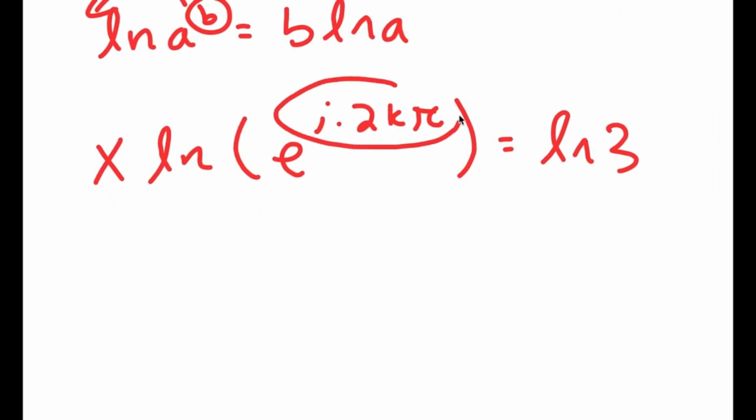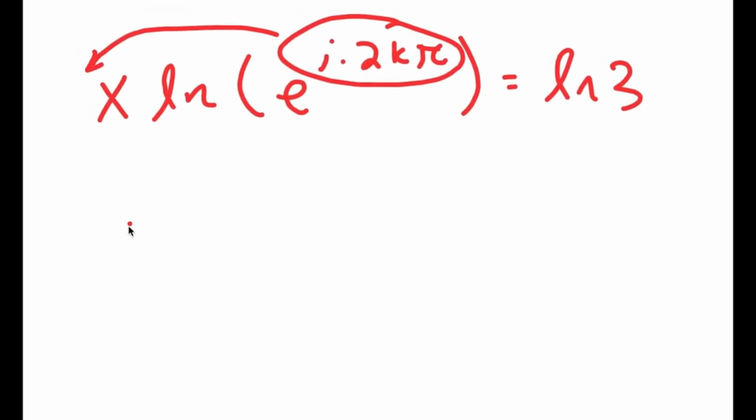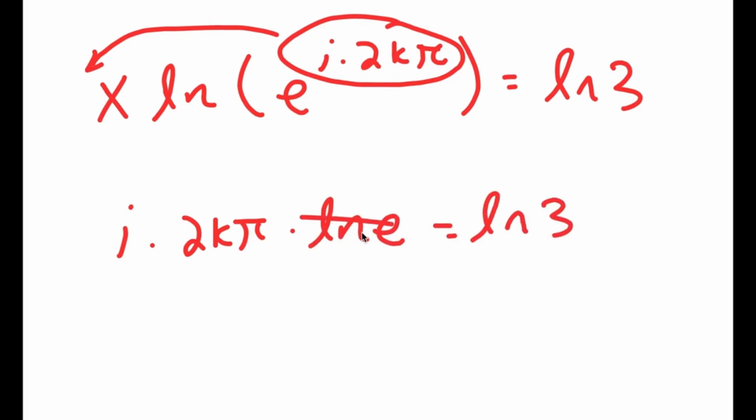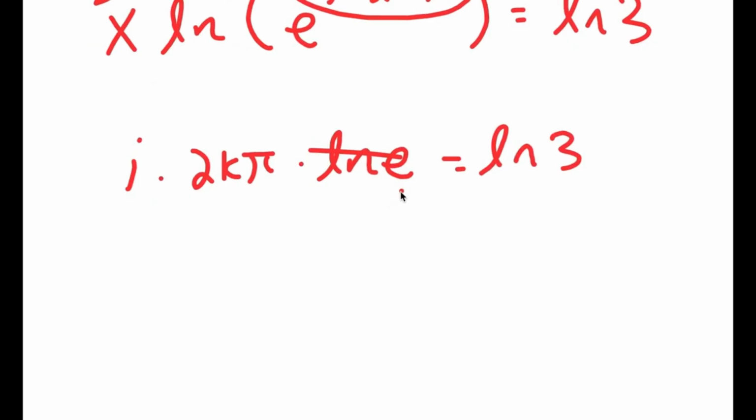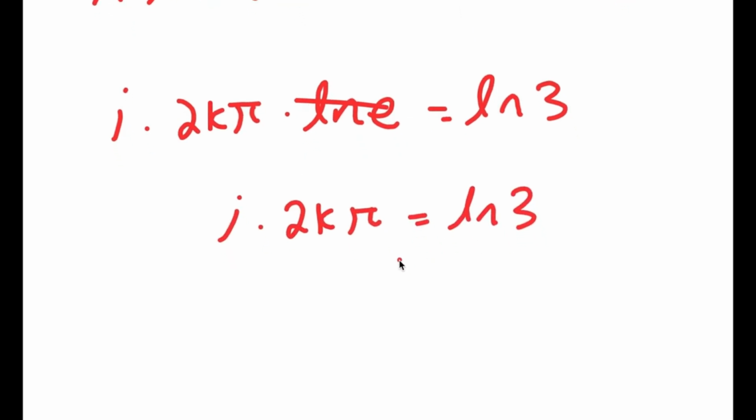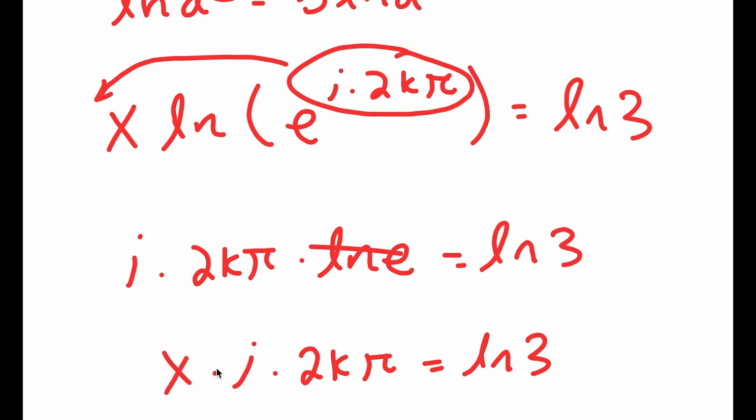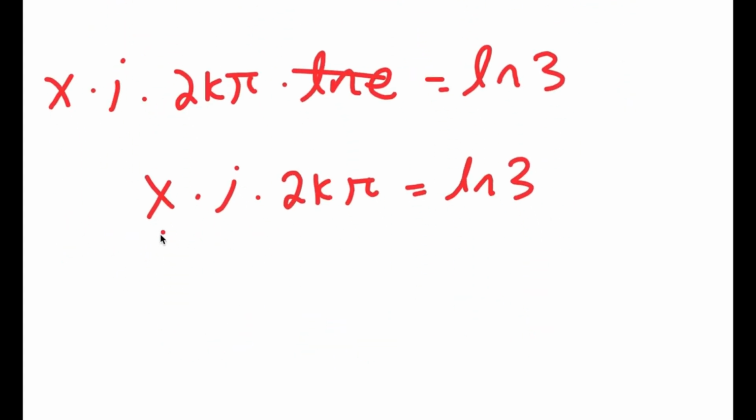Now I'm going to use this property again and move this to the front as well. So I get x times i times 2k pi times ln e is equal to ln 3. And ln and e, these two cancel out. So now I'm left with x times i times 2k pi is equal to ln 3. Now I'm going to divide both sides by i times 2k pi.